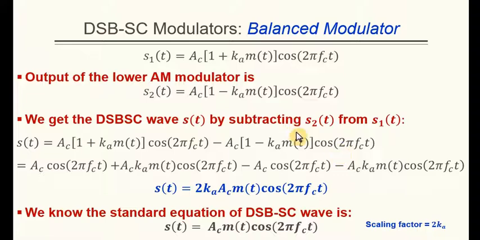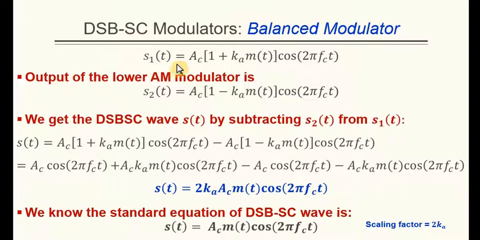As we know, the standard AM signal is given by S of t is equal to Ac times 1 plus ka m of t, times cosine 2 pi fct. We know that Ac is the amplitude of the carrier signal, m of t is the message signal, and ka is the amplitude sensitivity of the modulator.